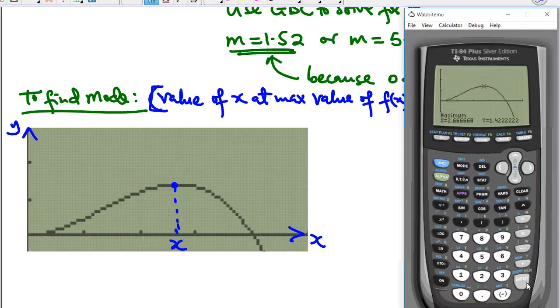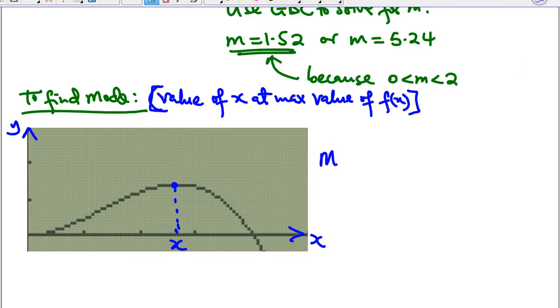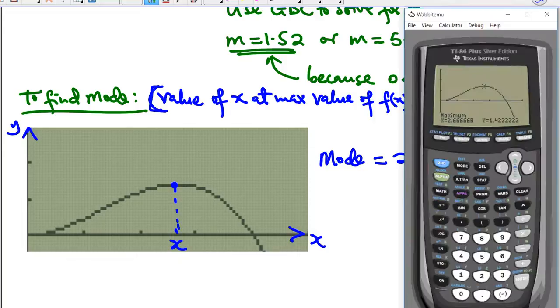So we can say that the mode of x, or just the mode, is equal to 2.67.